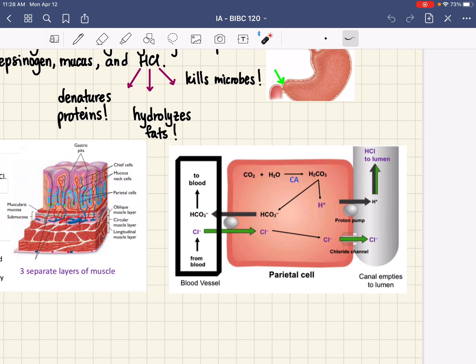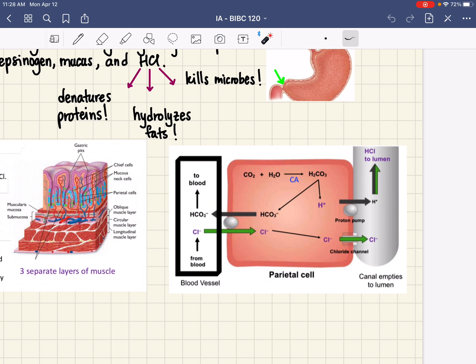Because this is negatively charged and it just went out of the parietal cell, the cell wants to keep its charges equal, so it pumps in a negatively charged chloride to keep the negative charges equal in the cell. Now that chloride is in, it can travel through a chloride channel and just swim out into the lumen of the stomach.